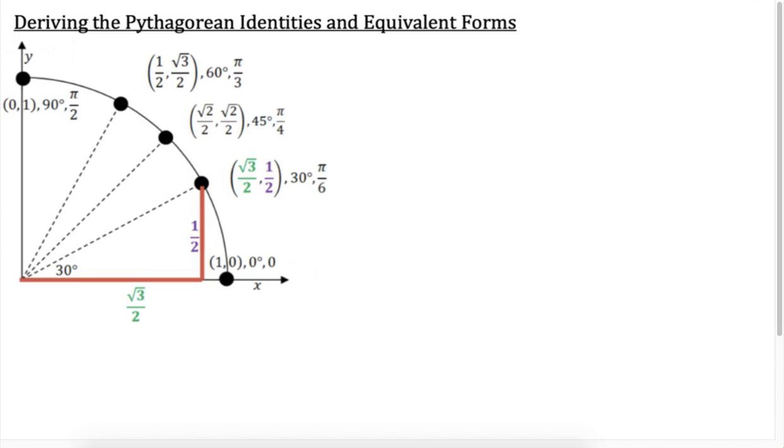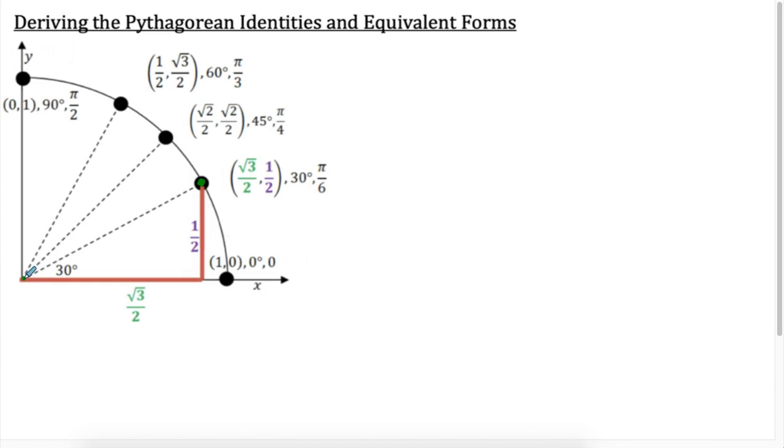If we look at the unit circle, and if we just focus on the first quadrant, let's look at the first angle that we come to, 30 degrees or pi over 6. The coordinate point there is square root of 3 over 2, 1/2. And that means that if we draw a right triangle to that point, the sides of that right triangle would be square root of 3 over 2, 1/2.